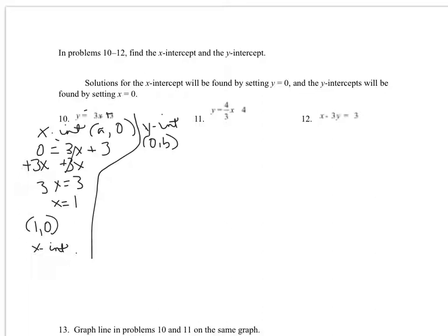And if I take y equals -3x plus 3, but now I plug in 0 for x, look what I end up with. -3 times 0 is 0. 0 plus 3 is 3, and I get y equals 3. So that means that my y-intercept is the ordered pair 0, 3.